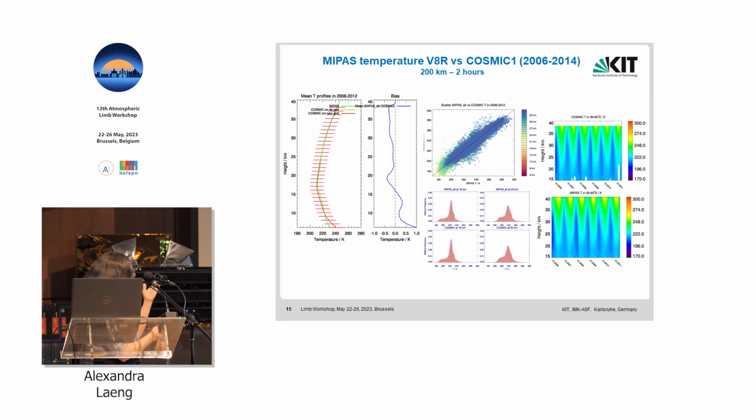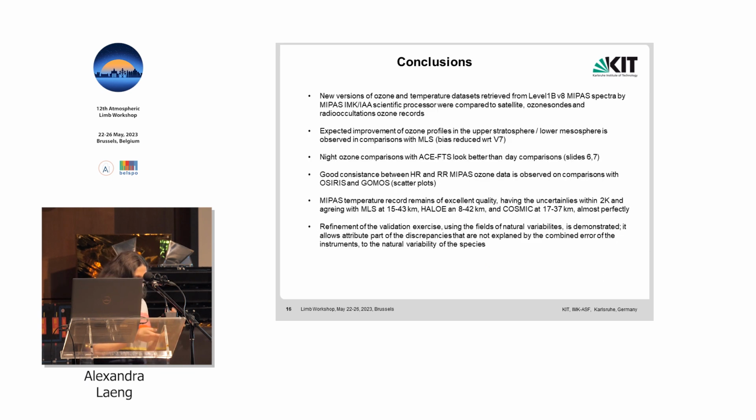I've never seen such an agreement, but well, still. MIPAS temperature is known to be good for all 4 processors, but when you look at the values, I was amazed.